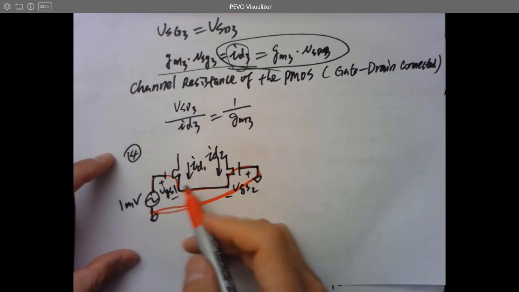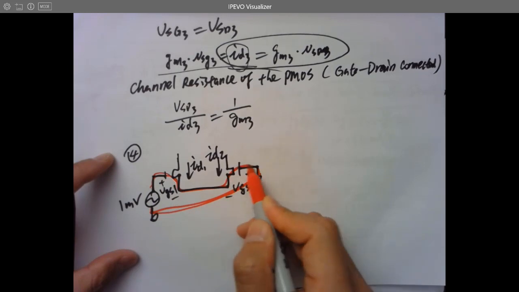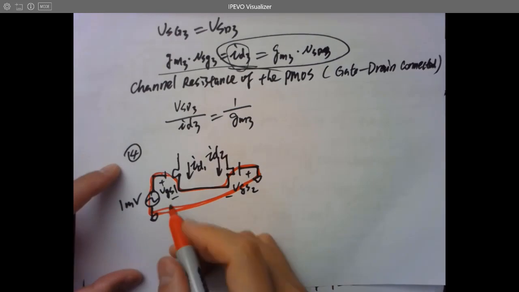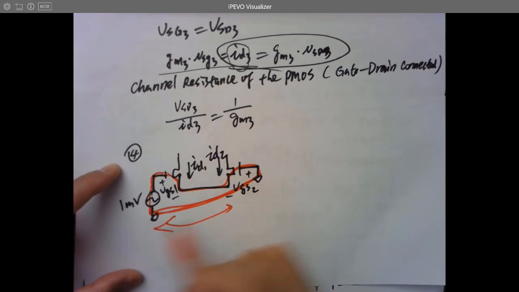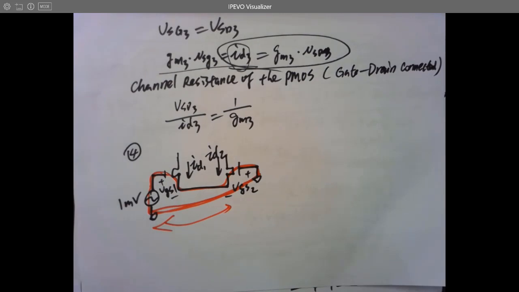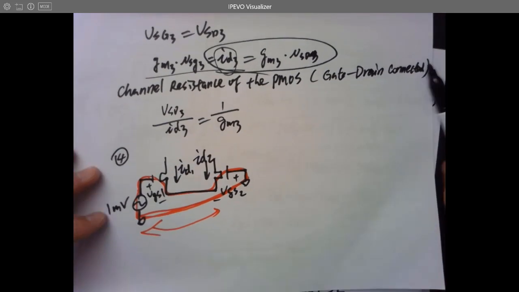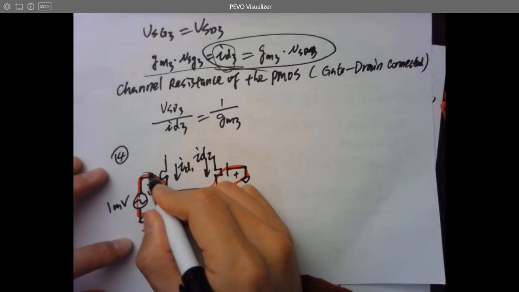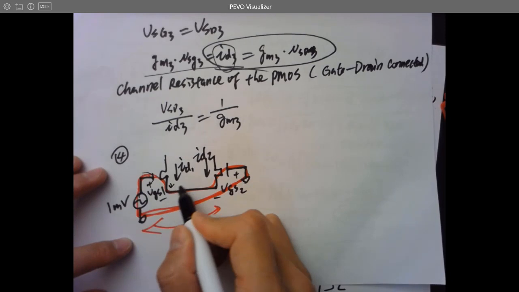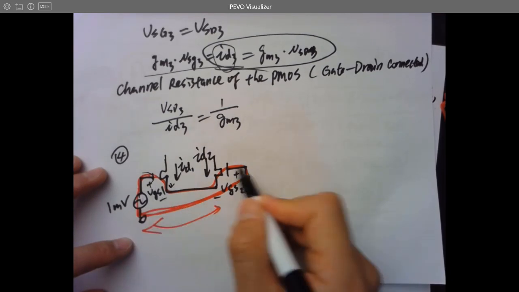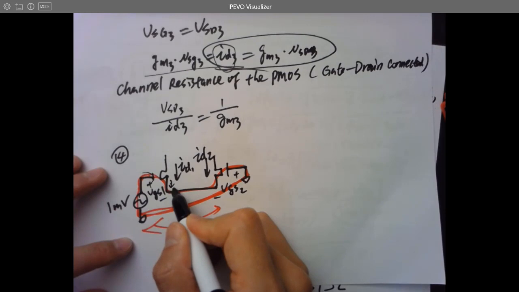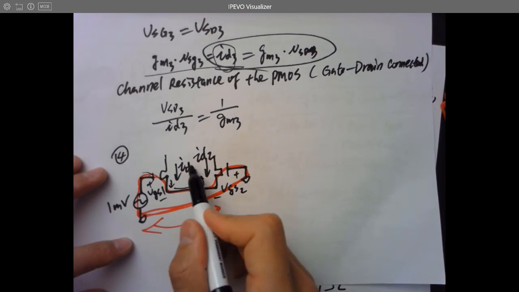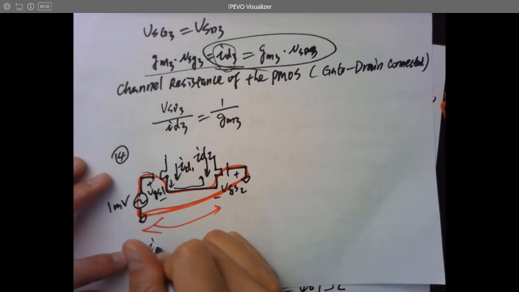So it's oscillating in this circle, going back and forth. ID1, for example, is going like this. It's just one current because it's just one branch, one circle here. ID1 is going like this and then going back upward. So ID1 actually equals minus ID2.